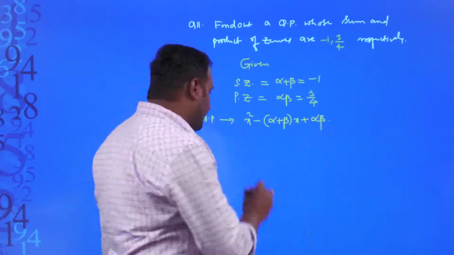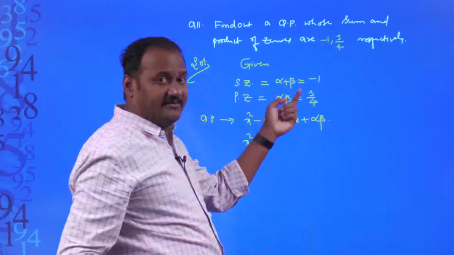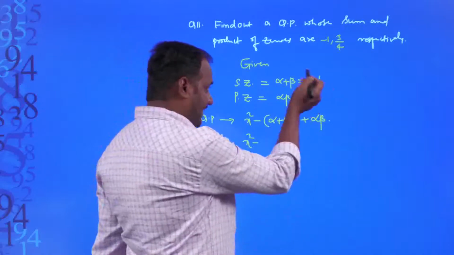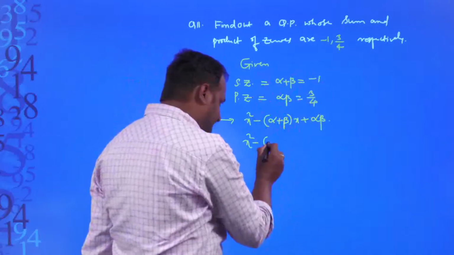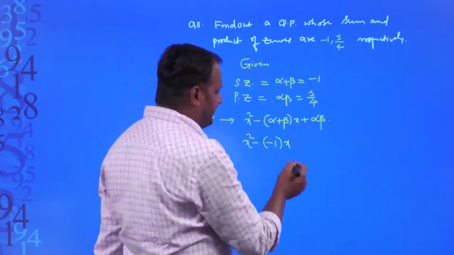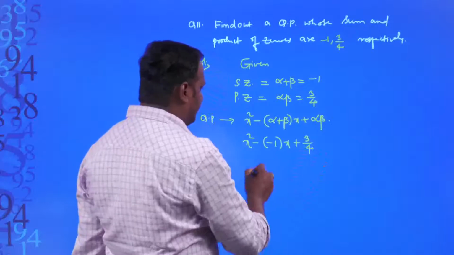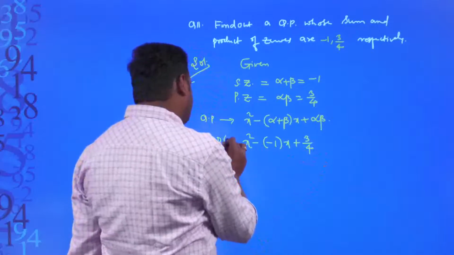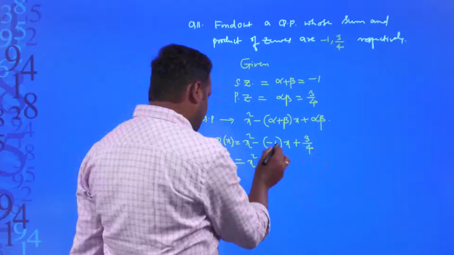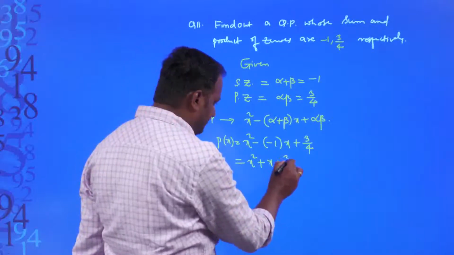Now, alpha and beta are not given individually, but alpha plus beta and alpha into beta are. So you can directly substitute minus 1 in the place of alpha plus beta and 3 by 4 in the place of alpha into beta. So finally the polynomial is going to be x square minus of minus 1 into x, which is x square plus x, plus 3 divided by 4.